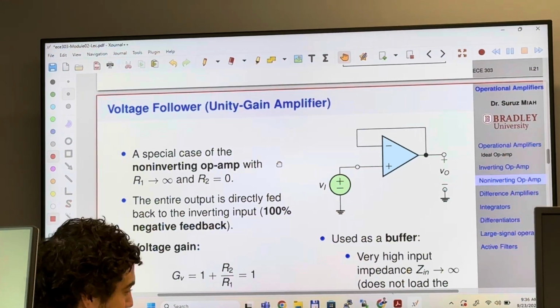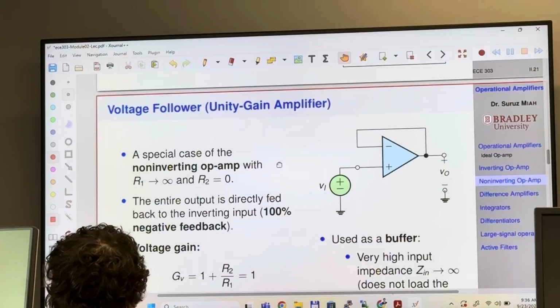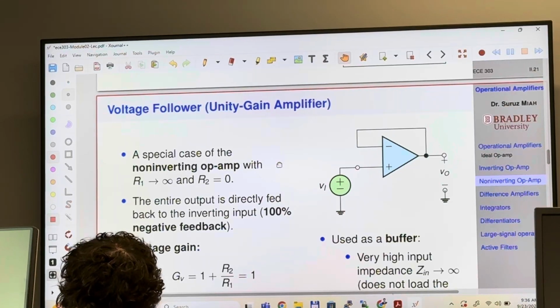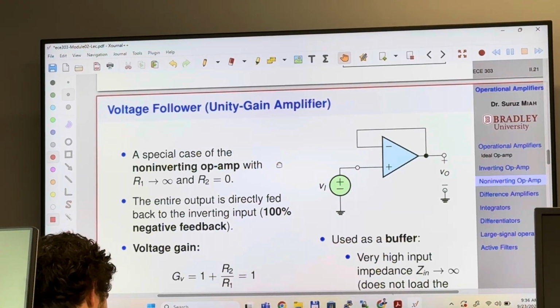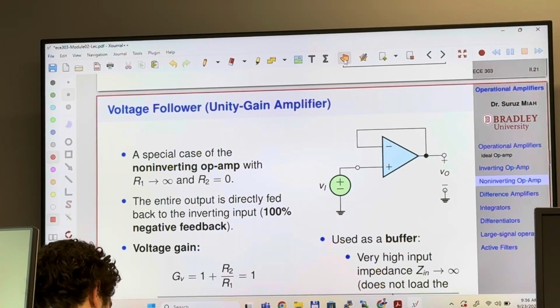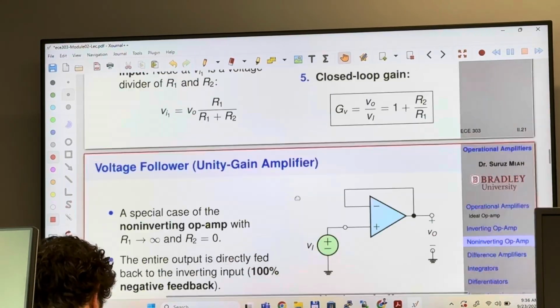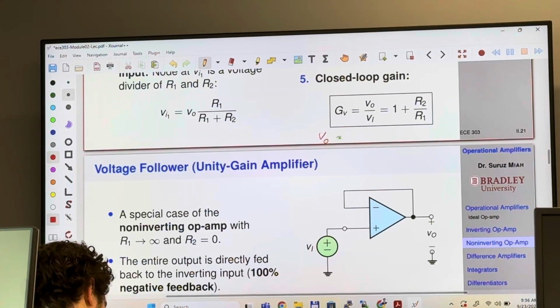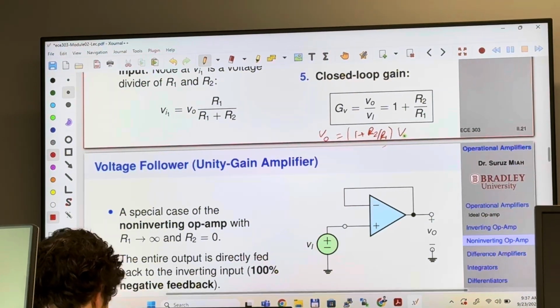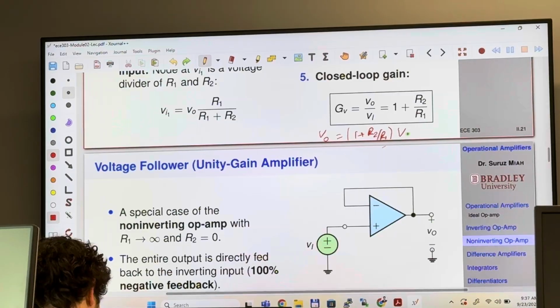I say, before you start part 1, check the circuit, check the op-amp using the voltage follower.